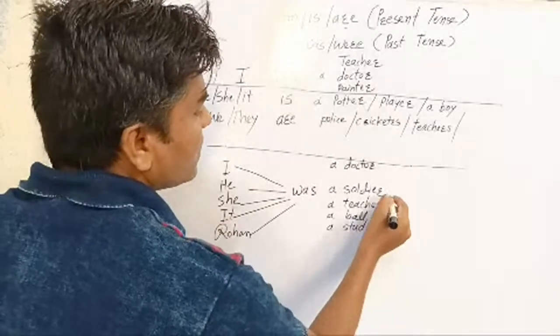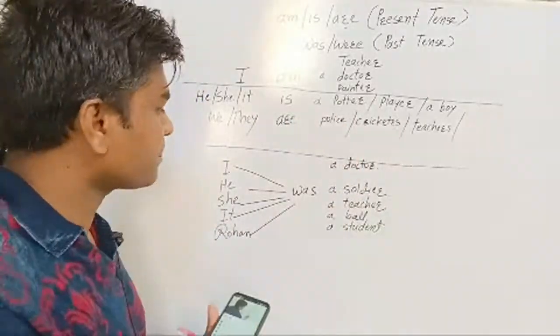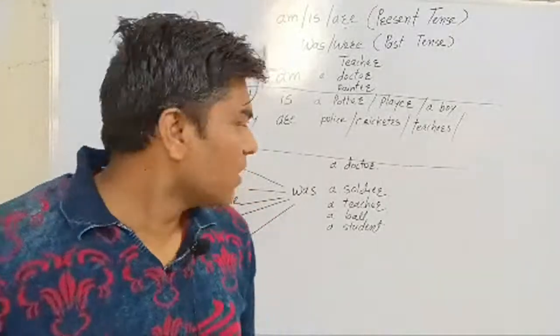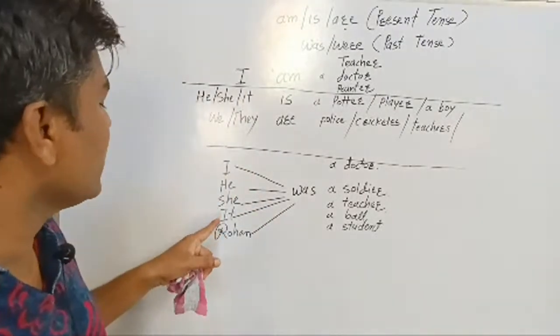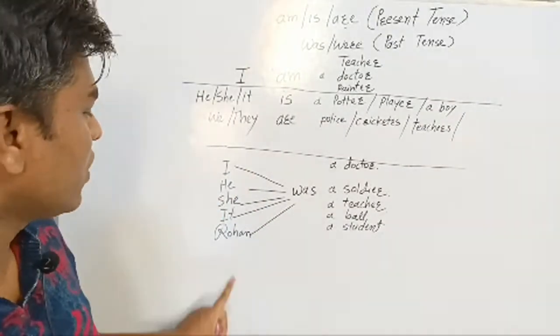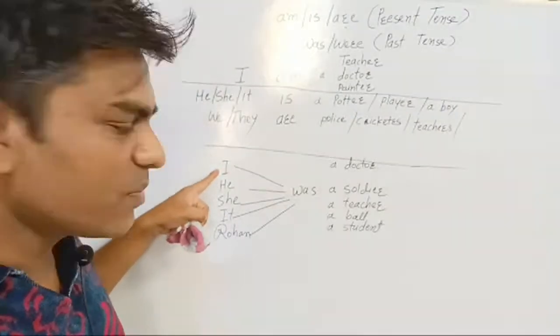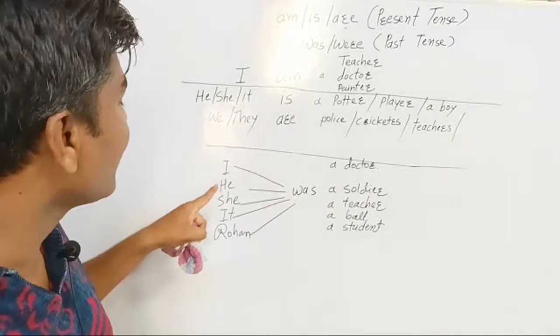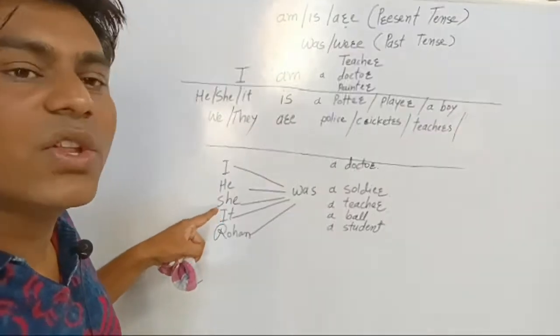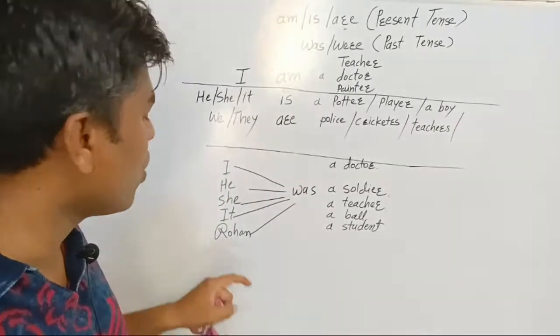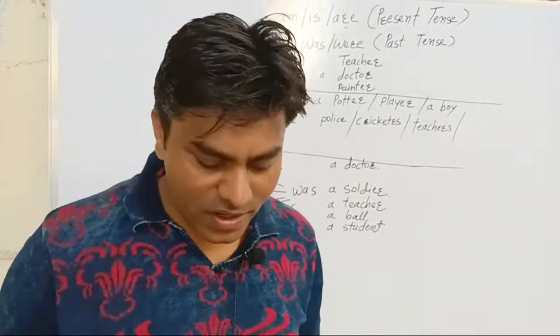Getting? After this you have to put the full stop. I, he, she, it, and Rohan. Rohan is a proper noun. I is the singular first person pronoun. Then he, she, it are third person pronouns, and Rohan is the proper noun.